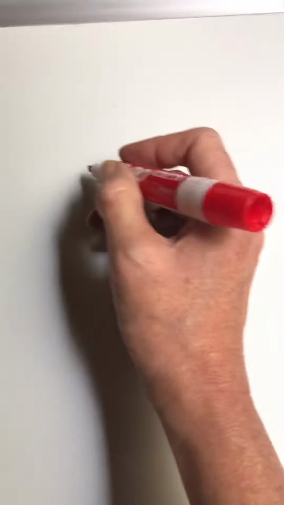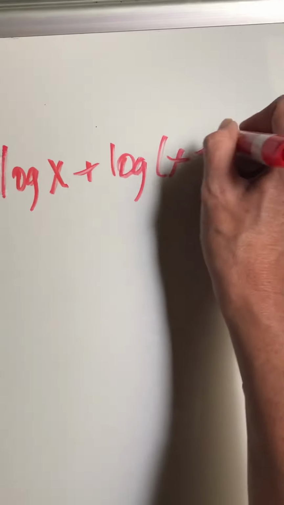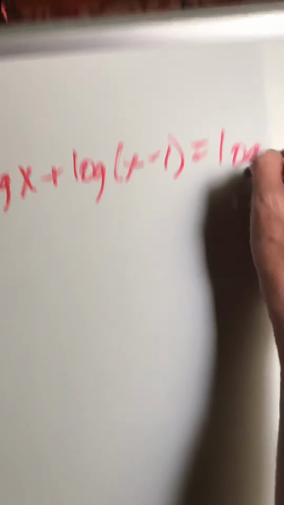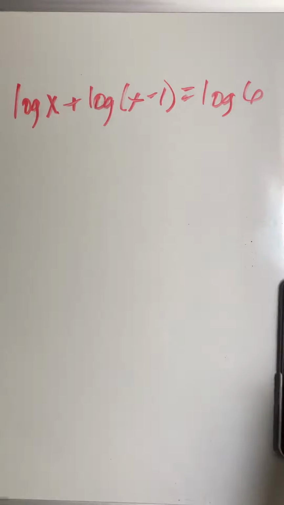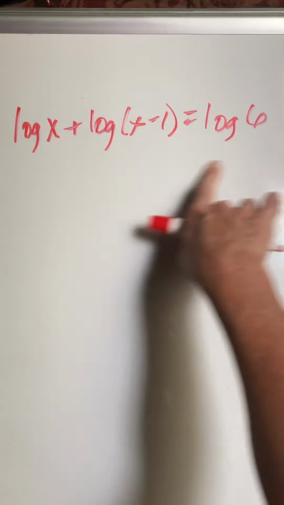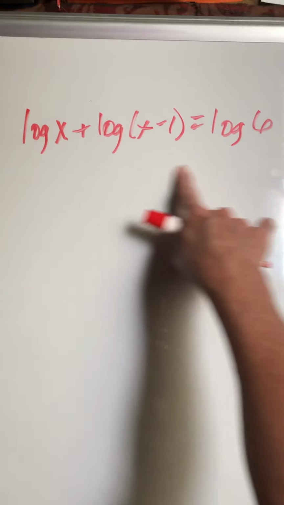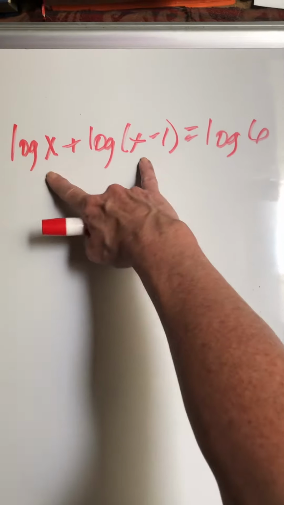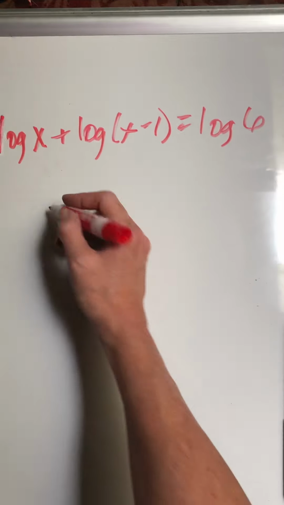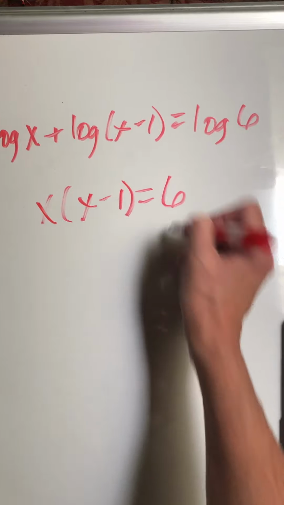And then you can see them where there's a log on everything. Log x plus log (x minus 1) equals log 6. Okay? So you can see them where there's something on everything. Now this is a log base 10. How do I know? Because there's not a base showing. So I follow the rules, laws, properties of logarithms, where when it's addition, I multiply the argument. So I drop the logs off and multiply x times (x minus 1) equals 6.